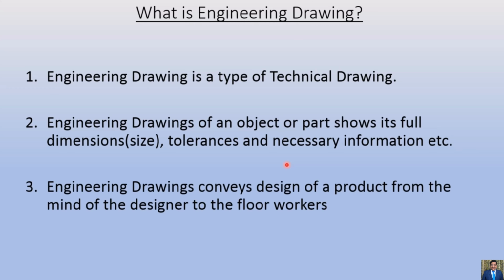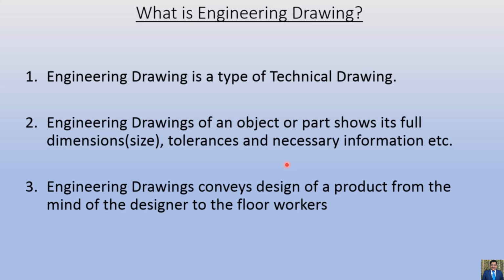So in general you can say that engineering drawings actually convey the idea from the mind of the designer to the floor worker. Let us say one design engineer has designed a product, but to the floor workers he cannot just tell in writing or by word of mouth. He has to give this idea to them in the form of drawings.